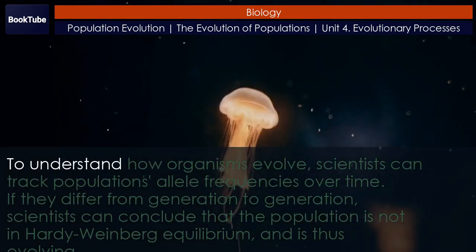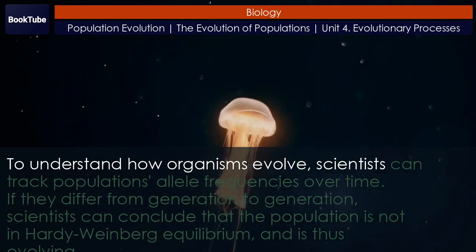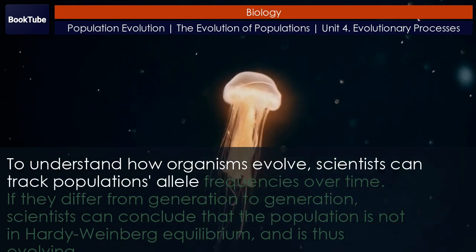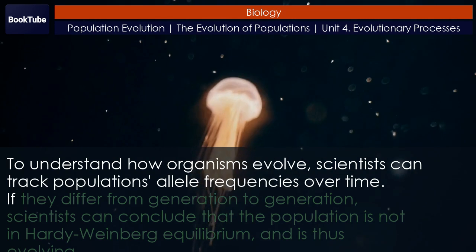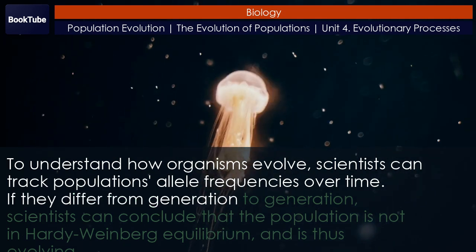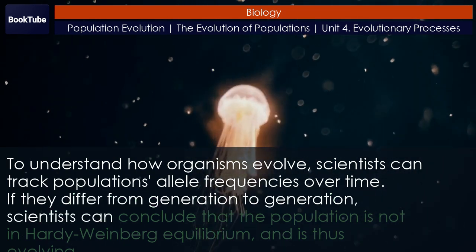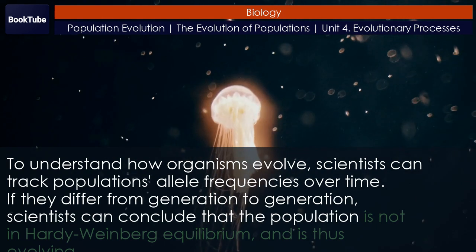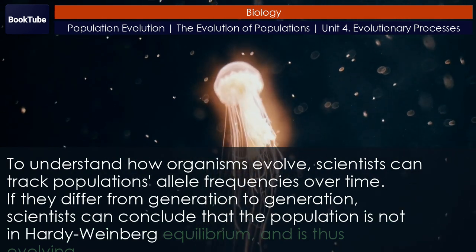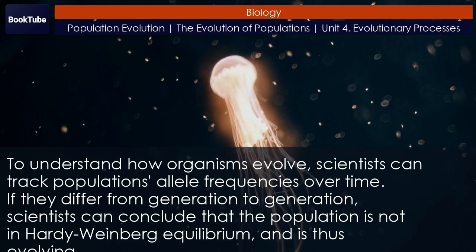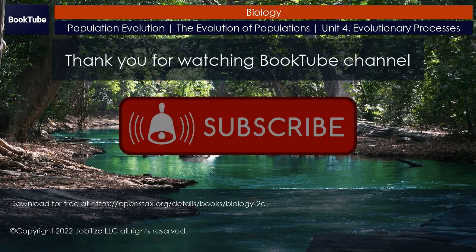To understand how organisms evolve, scientists can track populations' allele frequencies over time. If they differ from generation to generation, scientists can conclude that the population is not in Hardy-Weinberg equilibrium and is thus evolving.